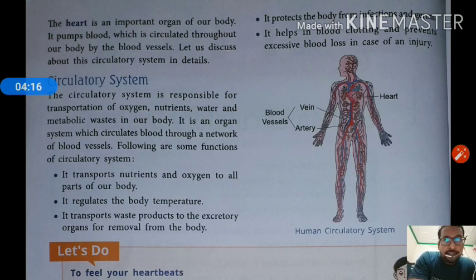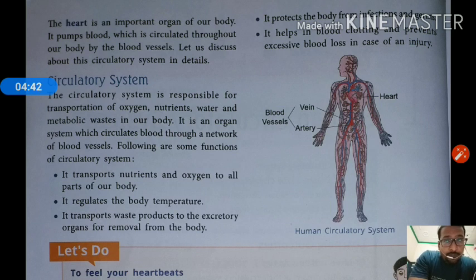Following are some functions of the circulatory system. It transports nutrients and oxygen to all parts of our body. It regulates the body temperature. Do you know what is the normal temperature of the body? You guessed it right, 37 degrees Celsius.